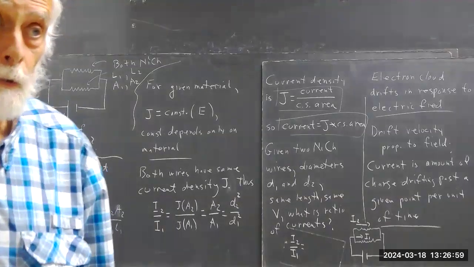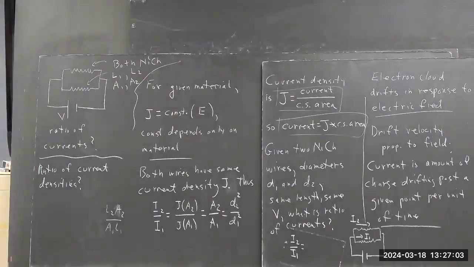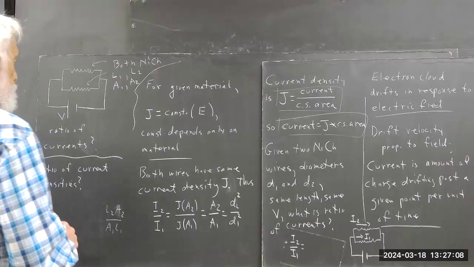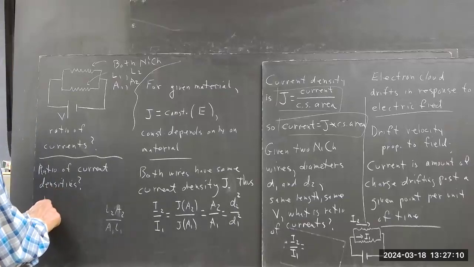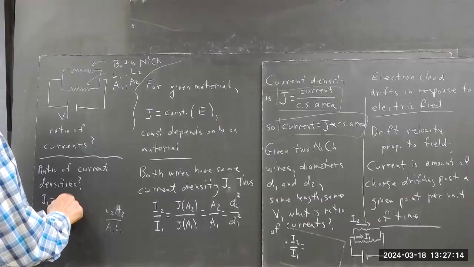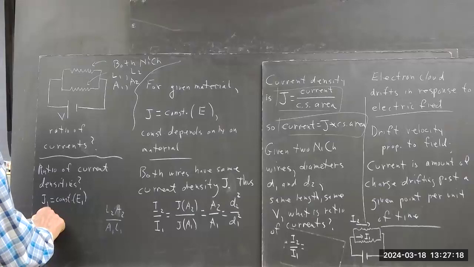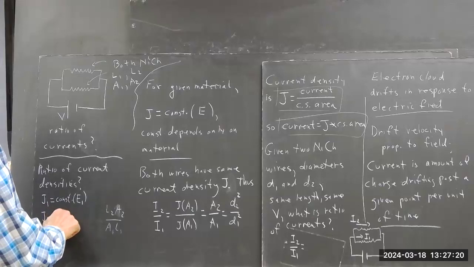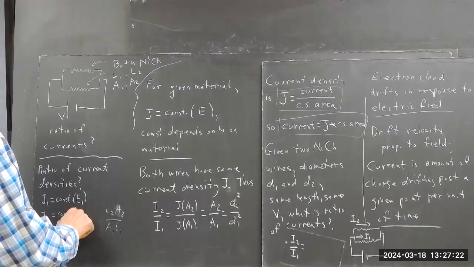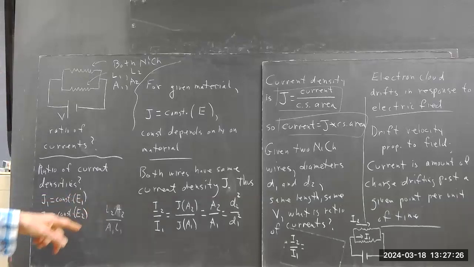You'd have different current densities since you've got different lengths, right? So J1 is some constant times E1, J2 is some constant times E2, right?